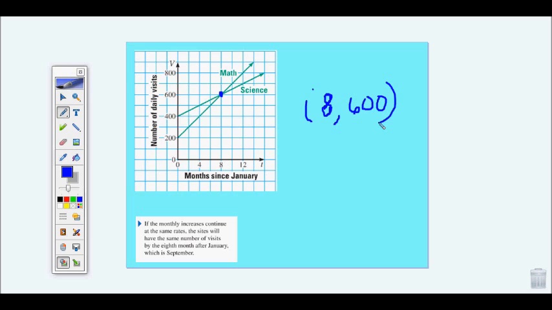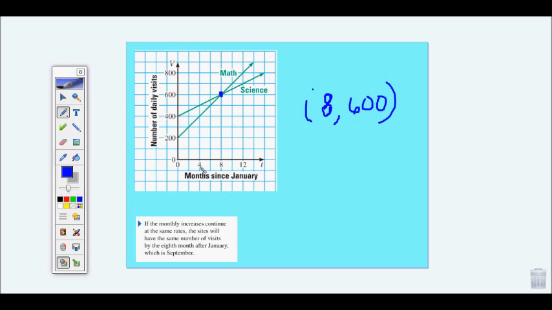So if the monthly increases continue at the same rate, the sites will have the same number of visits in the 8th month after January, which is September, and they will be at 600 visits. That's the way I can interpret that data, that system of linear equations that gives me the 8 months, 600 visits.